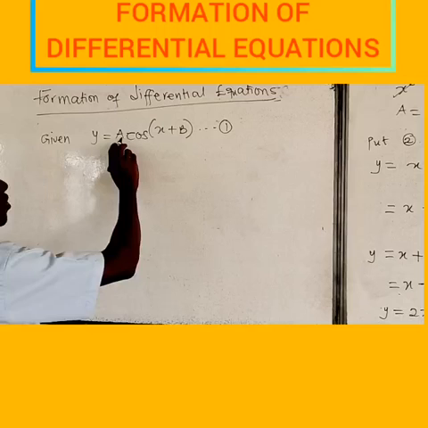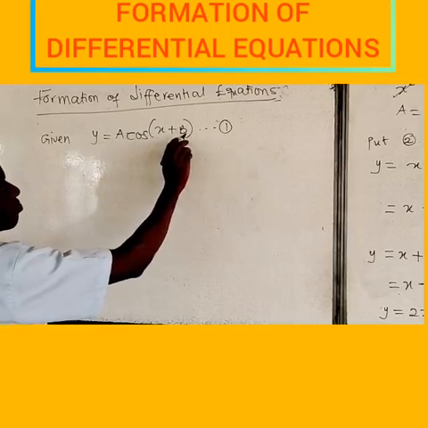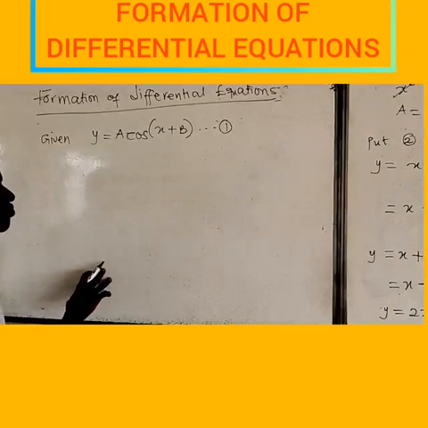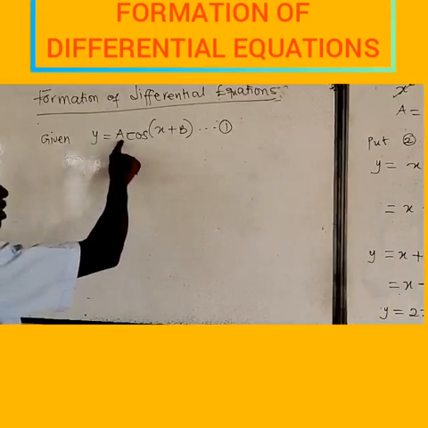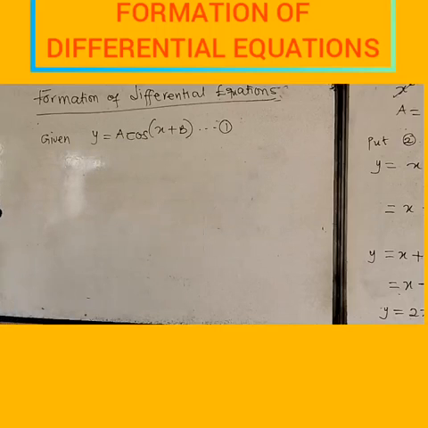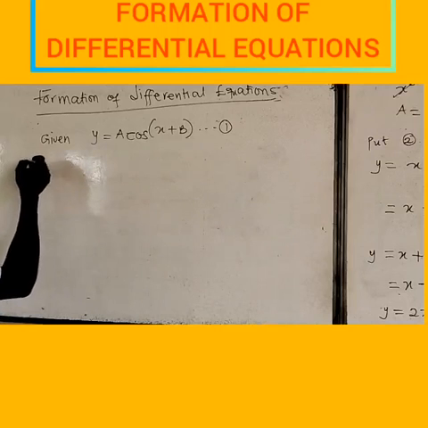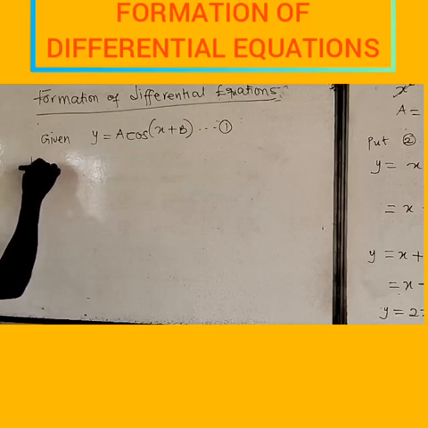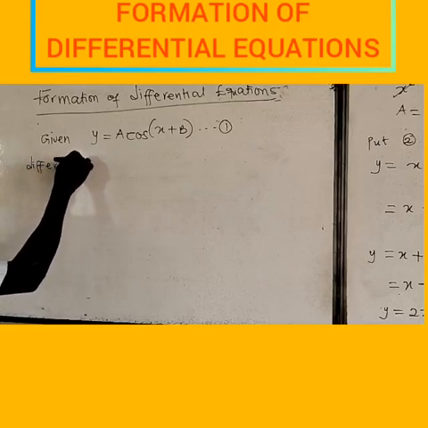So we have a being an arbitrary constant, b also being an arbitrary constant. So we have 2 arbitrary constants, so we have to differentiate the equation twice. We have to find the first and second derivative. So we differentiate for the first time.